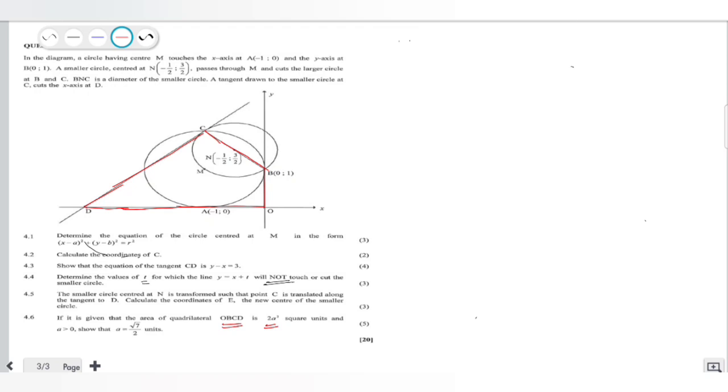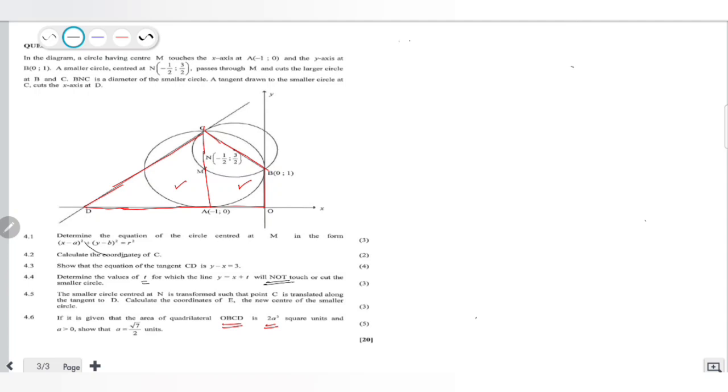Okay, so what I'm going to do is draw a line from C to A. I'm going to join it, see, like this. Now we can see a right angle triangle and a trapezium. For both of these we know the formula, so we can apply it and find the actual area of that quadrilateral.